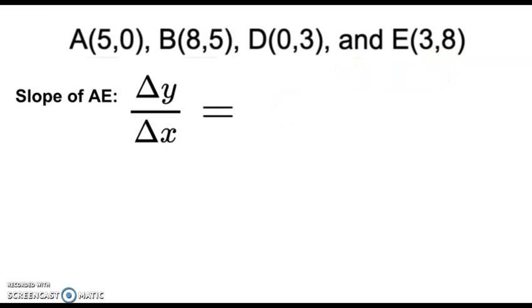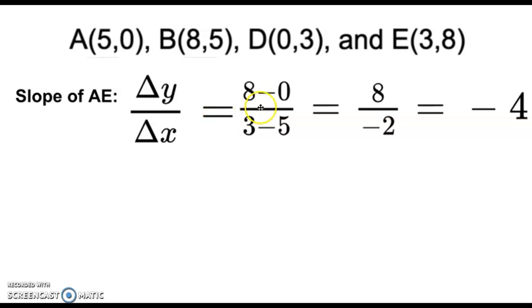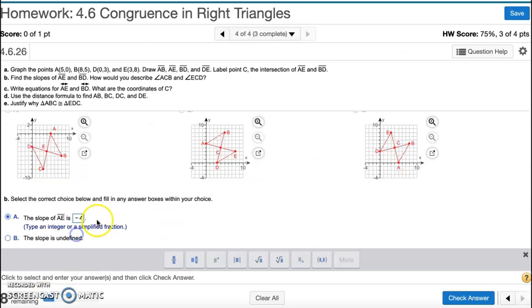So we subtract the y's and put them up top. So 8 minus 0 over 3 minus 5 will give us 8 over negative 2 when you subtract, and dividing 8 by negative 2, you get negative 4. So the slope of AE is negative 4. Typing it in, we put in negative 4 for the slope of AE.